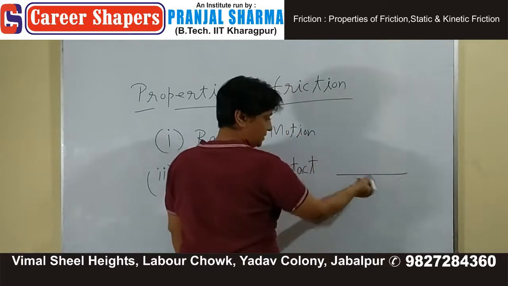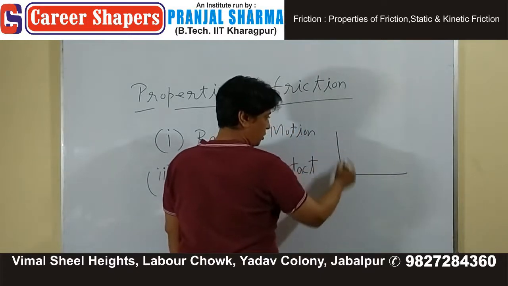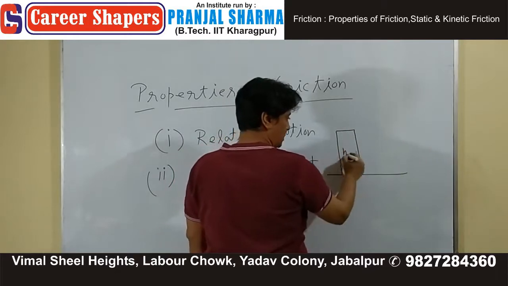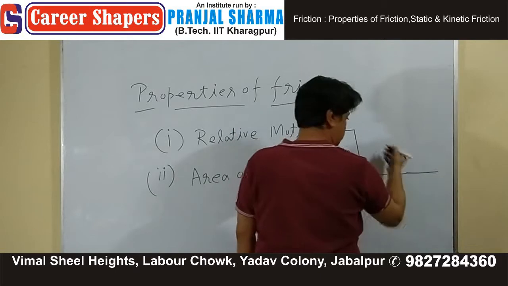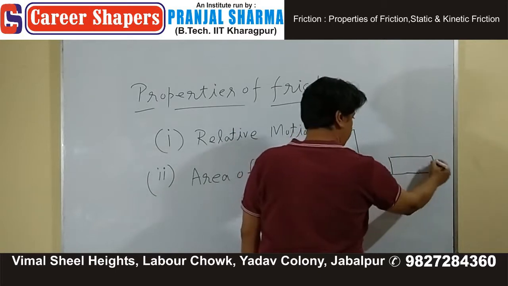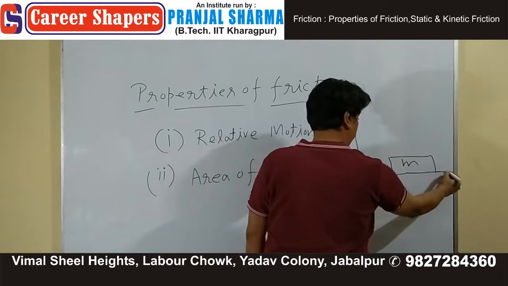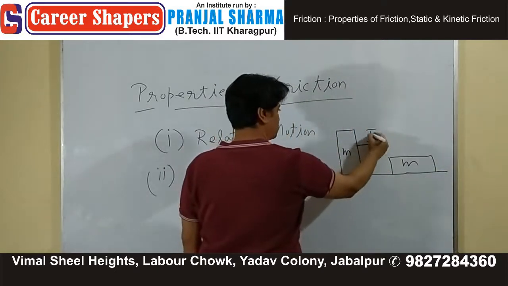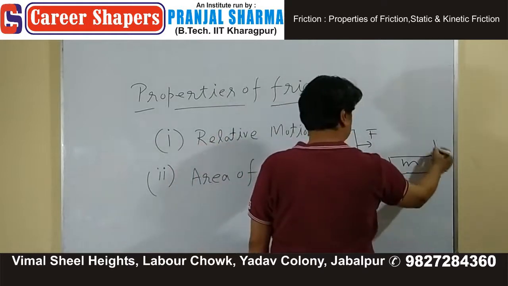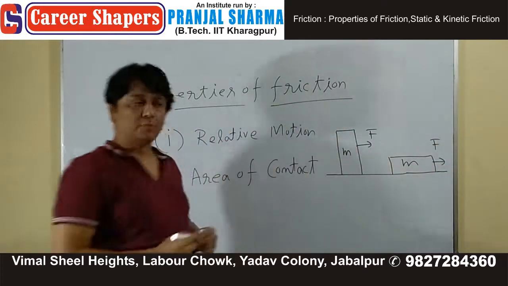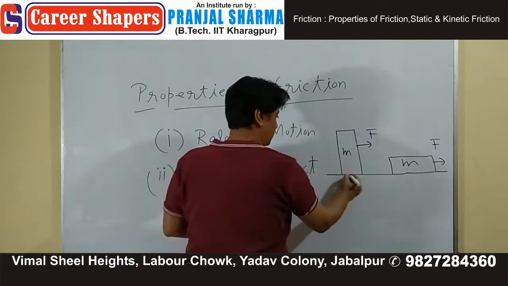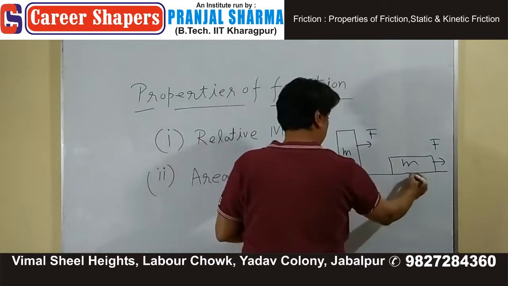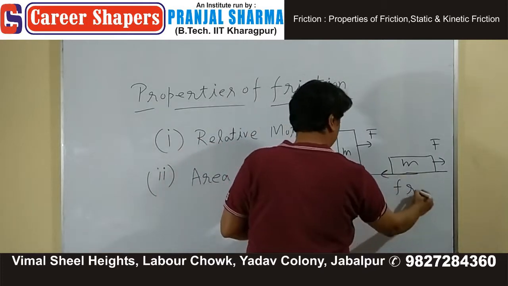If you have a surface and you place an object like this, and you place the same object instead in this form, and if you try to pull these objects with some force, the same force, then in both cases, this is FR1, this is FR2.